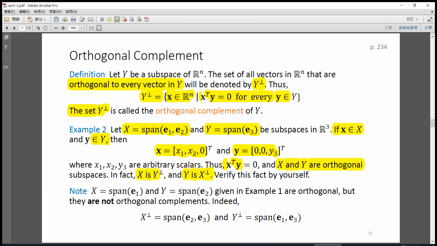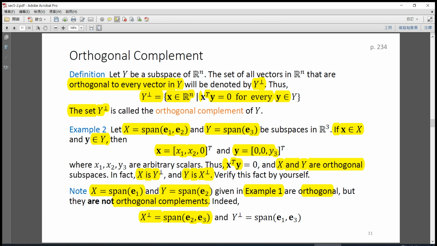Next, we revisit example 1. In example 1, we let X be the x-axis and Y be the y-axis in R3. X and Y are orthogonal, but they are not orthogonal complements because X perp equals the span of e2 and e3, which is the YZ plane, and Y is only a subset of X perp.